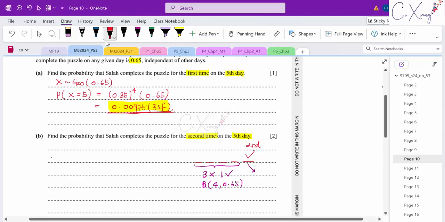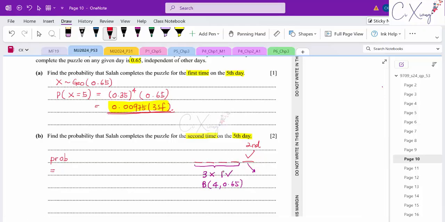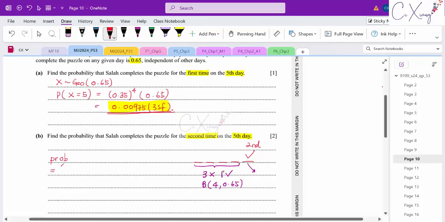Therefore, to calculate the probability for this question, first we consider the first 4 days. I only have 1 success trial, or 1 success day, out of the 4. So it will be 4C1, 0.65 power 1, then 0.35 power 3. This is for the first 4 days.